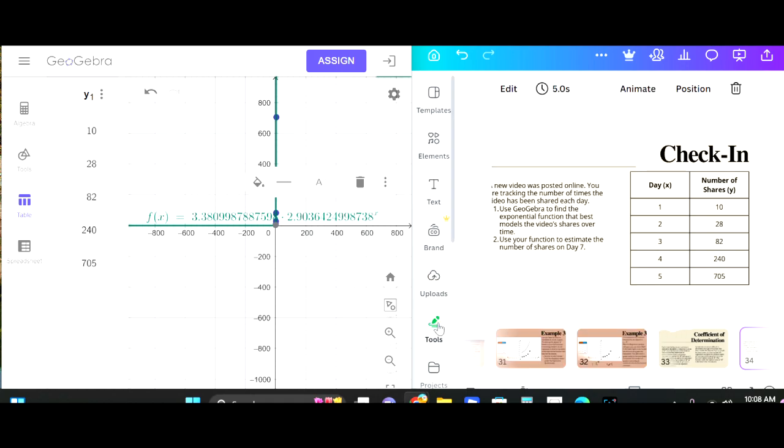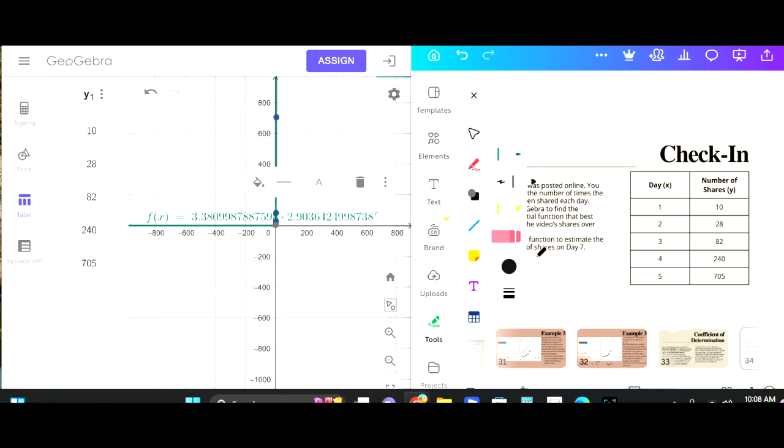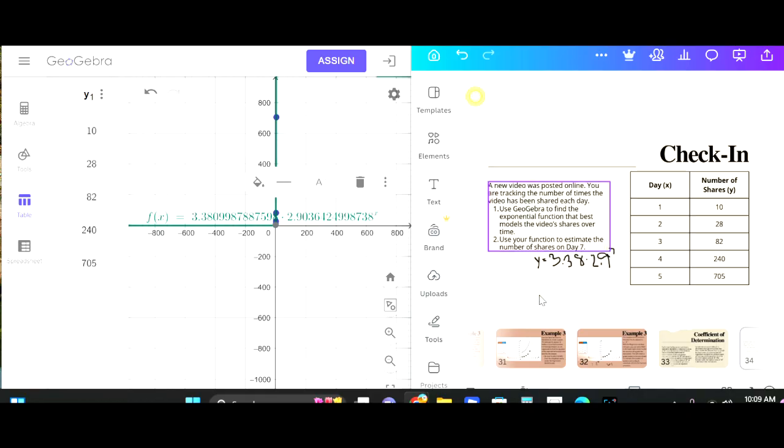So let's grab my marker. We're going to go y or f of x, they're interchangeable, is equal to, I'm only going to go to the hundredths place because I'm lazy, 3.38 times 2.9 raised to the power of 7. Let's grab our calculator.